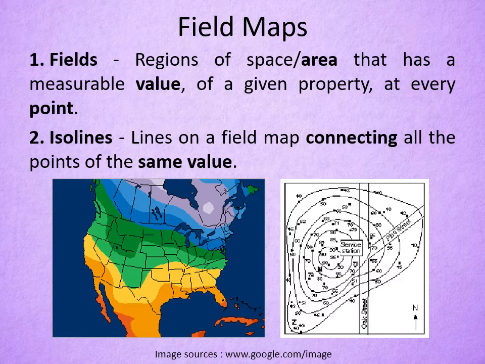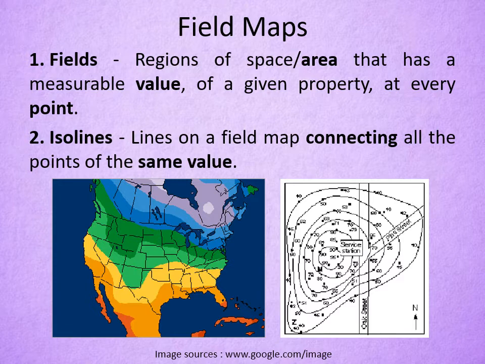Now, whenever we try to study an area, the area is known as a field. That is the region of space or area that has been measured and studied for a given property or a given point. Now, in that area, we plot several lines connecting the points of the same value.